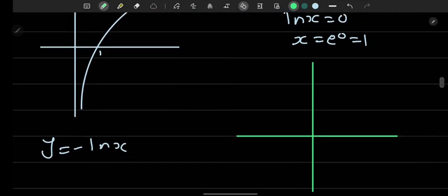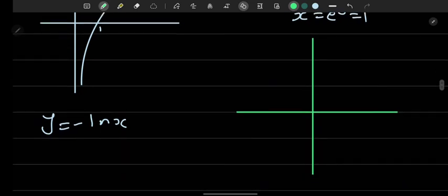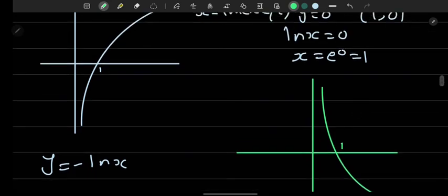So when this curve reflects on the x-axis, students are going to have something like this. Okay, so this curve also approaches y to be 0, x to be 0. And this is 1 as well. Okay, so that is the curves for ln x and minus ln x.